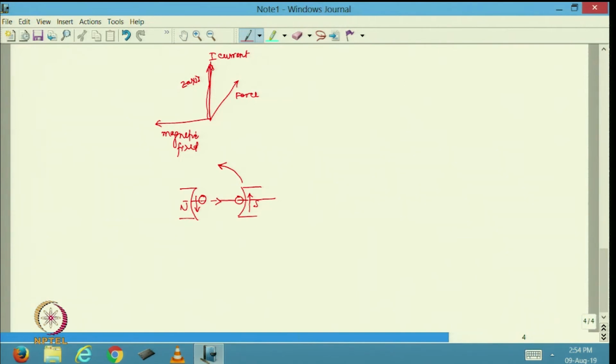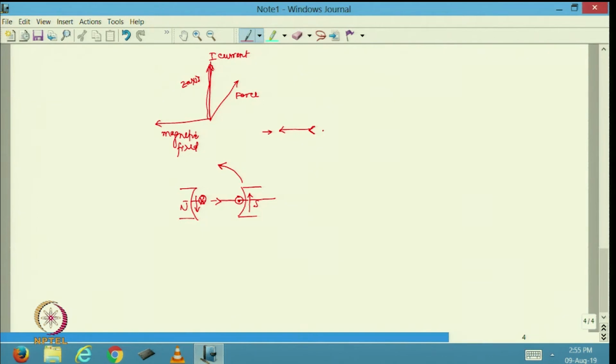This is showing a direction of current coming out, and whenever we look at the current, we look at it like an arrowhead like this. If the arrowhead I am visualizing from here, it will be a dot. If I am looking at the arrowhead from here, it is going to be a cross. So, I am going to have dot here whereas cross here. So, this is going to be the direction of current basically.